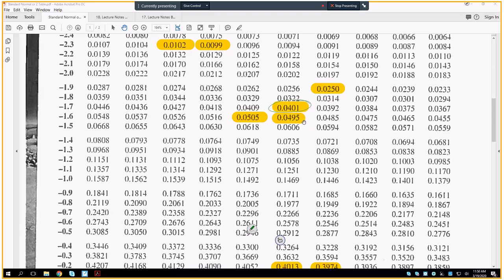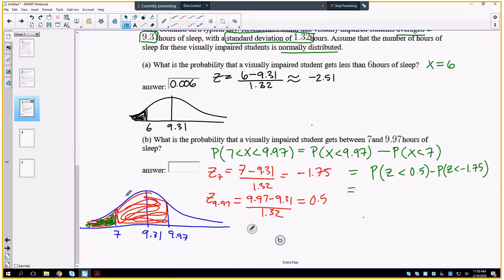These are the two numbers I'm going to use in my problem. So let me go back. The probability that z is less than 0.5, that was the first number that I found, 0.6915. The probability that z is less than negative 1.75 was the second number, 0.0401.